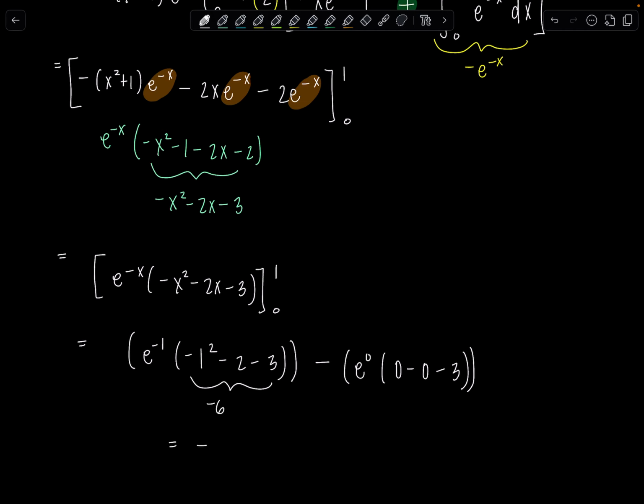So this is negative 6 e to the negative first. And then this is 1 times negative 3, but I'm subtracting it, so plus 3. Okay, and if you didn't notice to factor and whatnot, you should still get here, even if you left it in this messy form. It just might be a little more dangerous, okay? But you can do it, so just try.